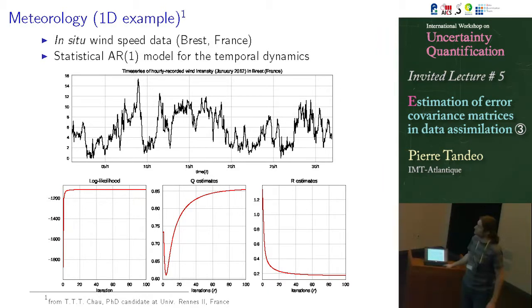You see here the iterations of the algorithm. Basically, we reach something. We don't know exactly if it's the maximum likelihood, but we are going to a local or global maximum. Here is the estimation of the error of my simple model, and here the estimation of the instrument noise.